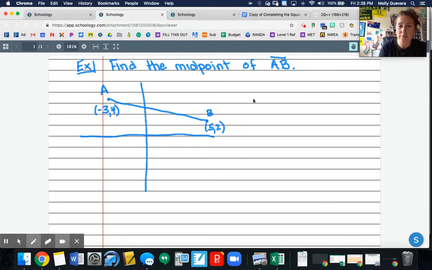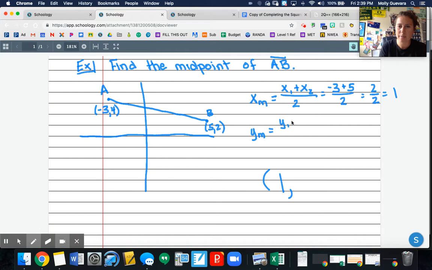So I need to find my xm, and I need to find my ym, but let's just start with xm. This means I'm going to take my two x coordinates and divide by 2. My first x is -3, my second x is 5, and I'm going to divide by 2. And I get 2 over 2, which is 1. So the x coordinate of my midpoint is 1. Now I'm going to do the same thing with my y's.